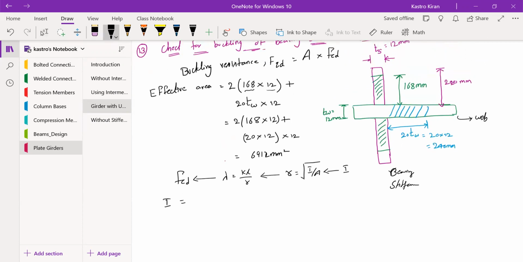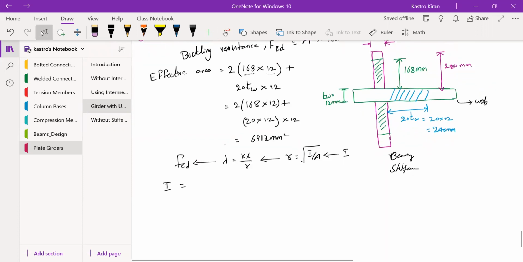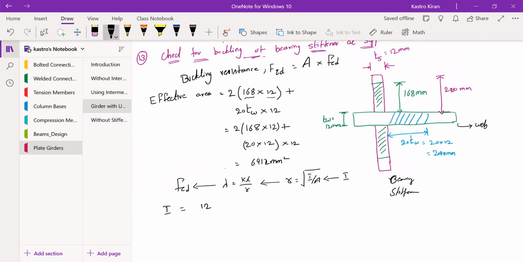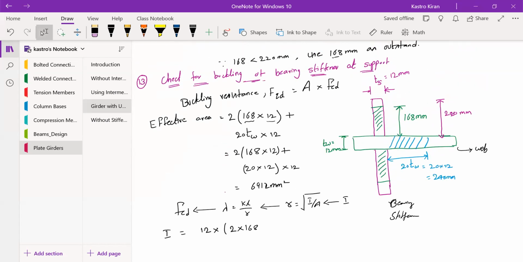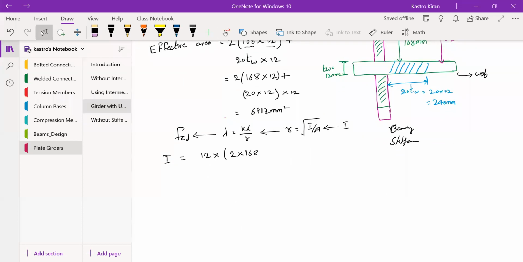Where B is the thickness of the stiffener, not width, it is the thickness of the stiffener. So that is 12 mm, into the depth D cube, right? So D is 168, you have got this outstand. So 168 plus 12 cube divided by 12. So what is this 12?